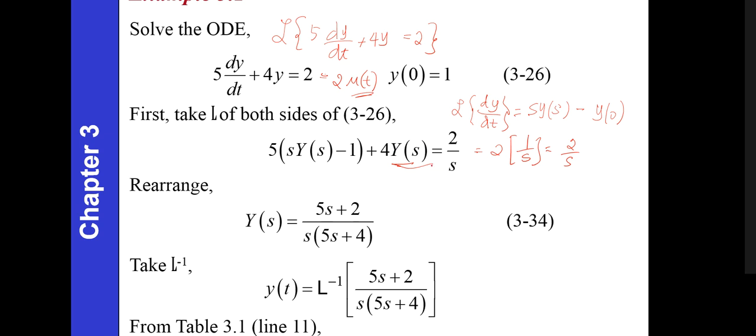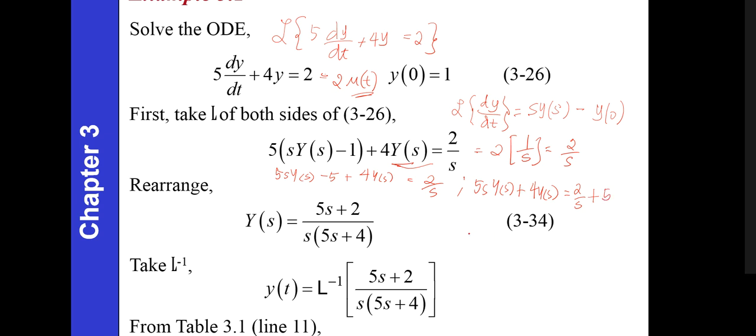If you simplify this, that will become 5sY(s) minus 5 plus 4Y(s) is equal to 2 over s. So let's combine the Y(s) terms. That will become 5sY(s) plus 4Y(s). Since we have negative 5 here, if we transfer that from left to right, it becomes positive 5.